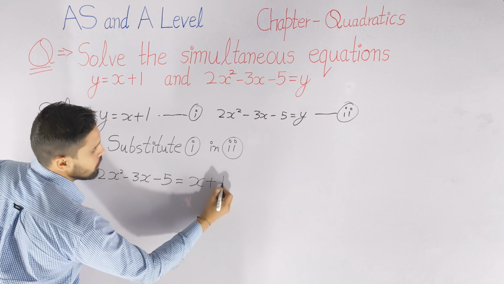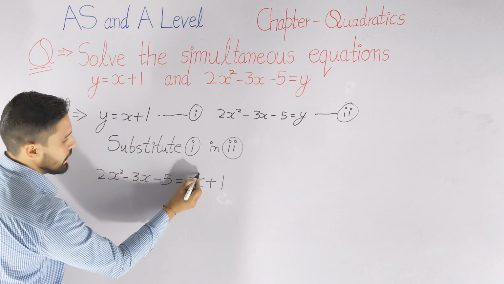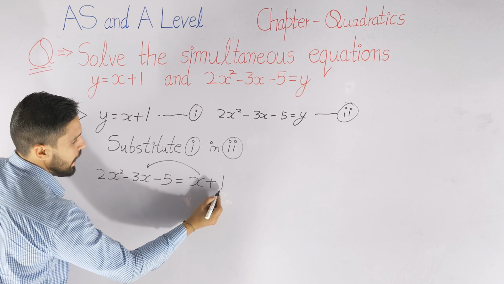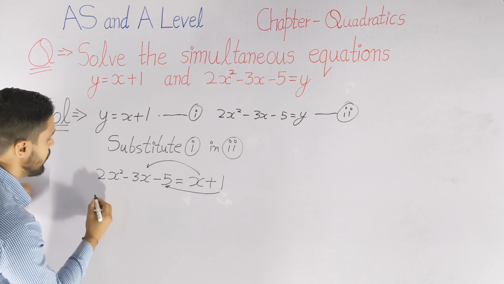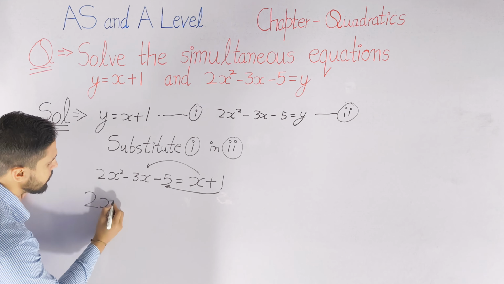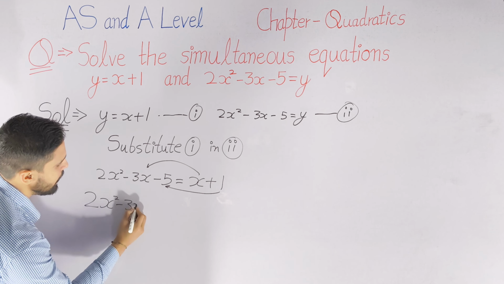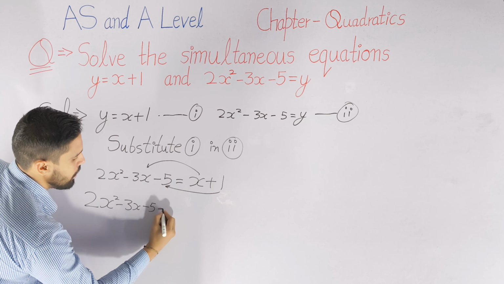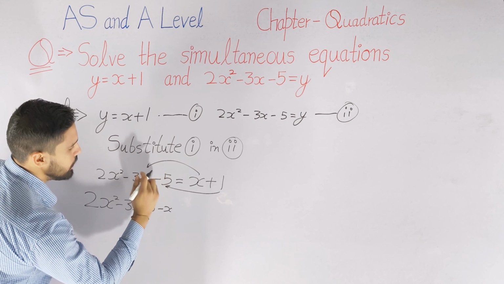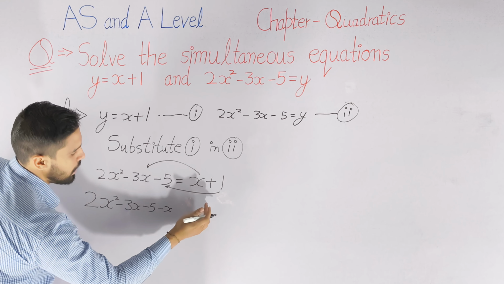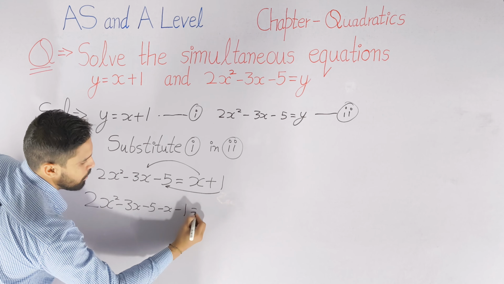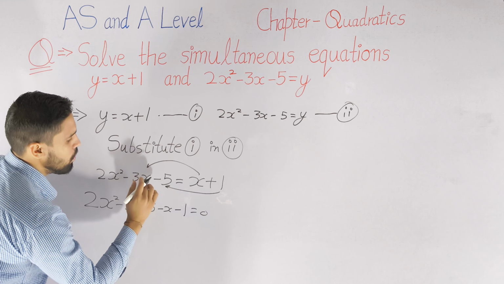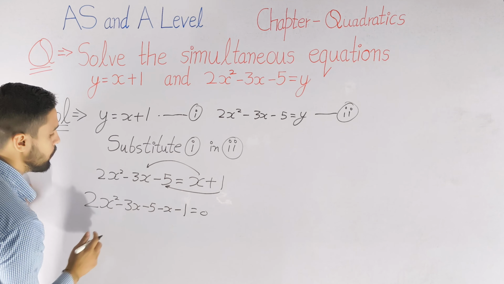Then take this x to this side and take this 1 to this side. We get 2x square minus 3x minus 5, and this x becomes negative when moved to this side, and this plus 1 will become negative when moved to the other side of equal to.